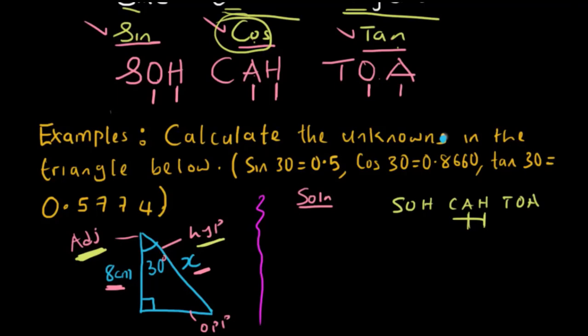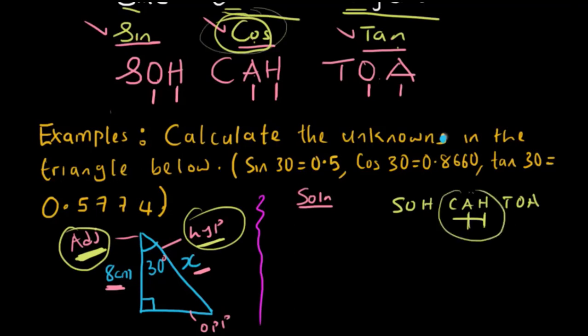So first step, label the triangle. Second step, remember so, ka, twa. Third step, note the trigonometric function you are going to use. Because we are relating adjacent with hypotenuse, we know we have ka, and that makes us know we'll be using the cos function.